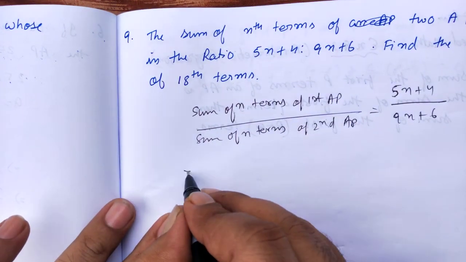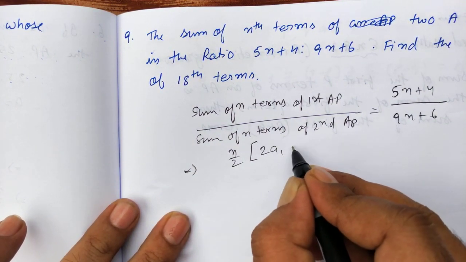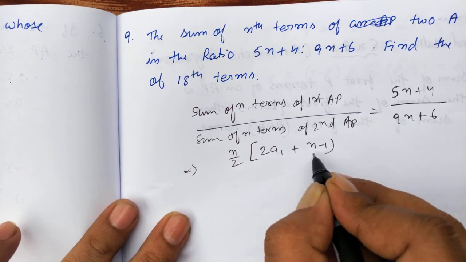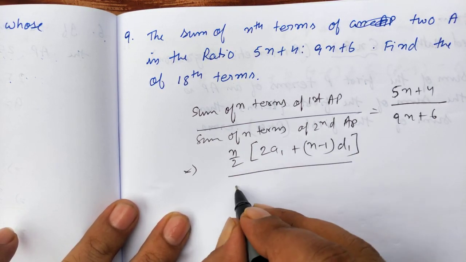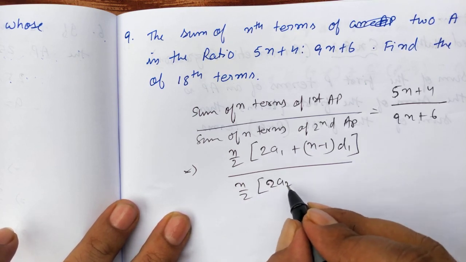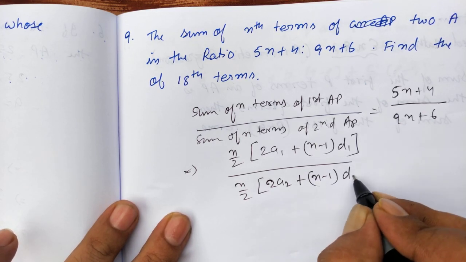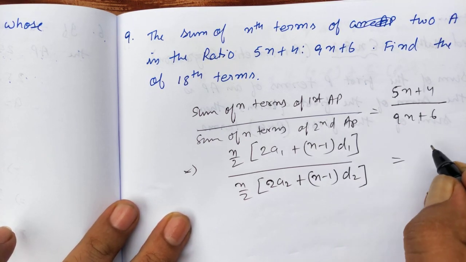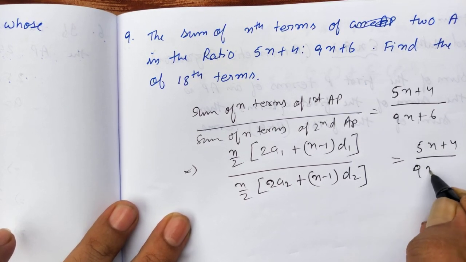So use the formula n by 2. For the first AP we're using 2A1 plus n minus 1 D1. For the second AP we're using n by 2 times 2A2, not the second term, okay, plus n minus 1, common difference as D2, equal to 5n plus 4 by 9n plus 6.